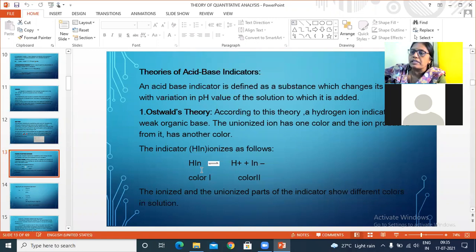So the number of H plus ions, released from the acid and from the indicator both, increases when it is in the acidic medium.